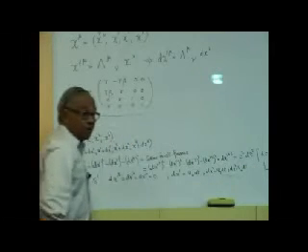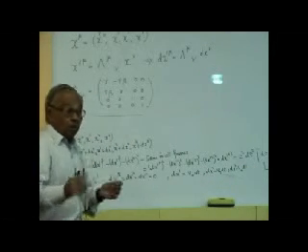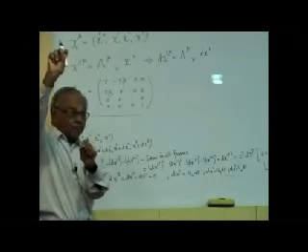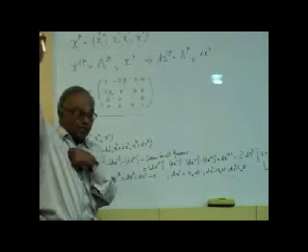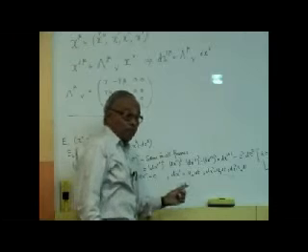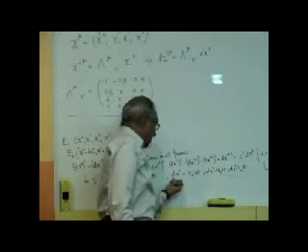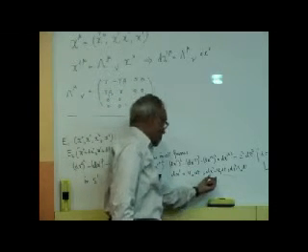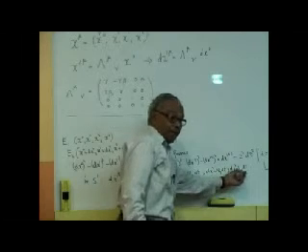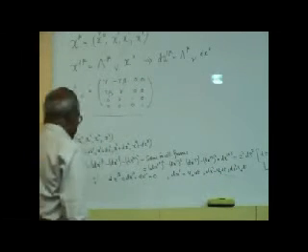Because in my frame, if that one is at rest in its own frame, and in my frame it has a velocity v with components vx, vy, vz, the displacements will be vx dt, vy dt, vz dt. So let's write down the expression here.